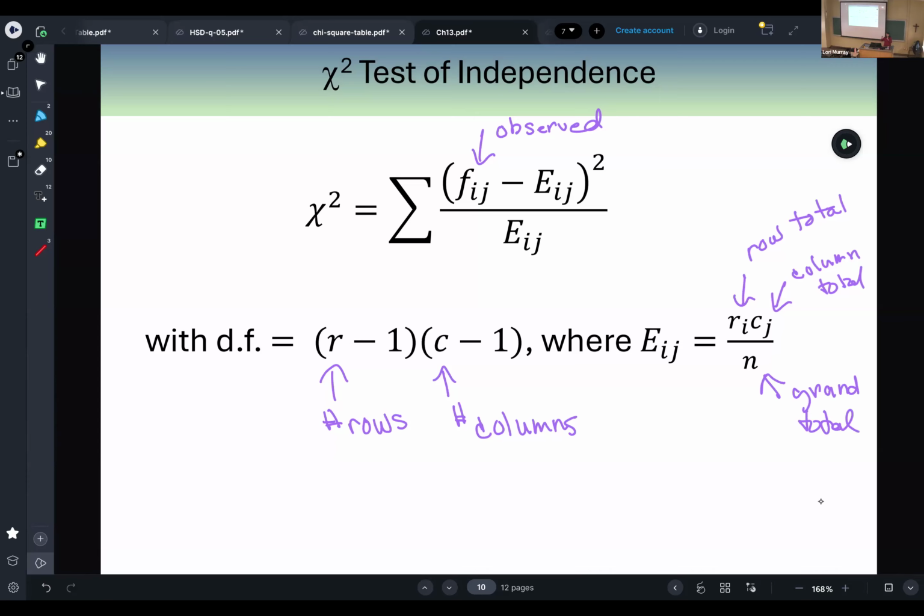Remember the two-way tables? You could get a grand total in the bottom right. And that's your chi-square test. The null hypothesis is the two variables are independent versus they're not independent. If the chi-square test statistic is greater than our critical value on r minus 1 times c minus 1 degrees of freedom, we reject the null hypothesis and conclude that the two variables are non-independent, meaning they're dependent. Are we ready to go? We can start the next one here.